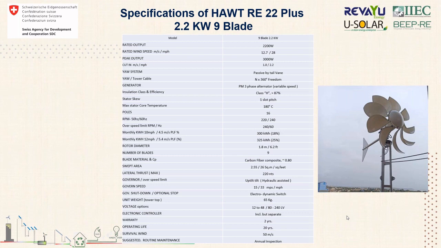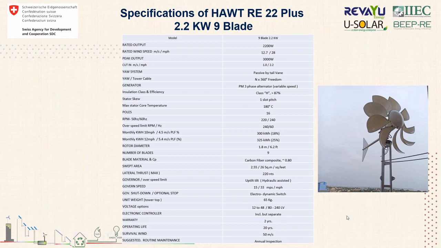That's it. There is no swish sound at all. Soundless machine, almost no vibrations, and very less resistance to air. It can be placed at a very close distance. In spite of being a horizontal axis wind turbine, it can be placed close to each other.